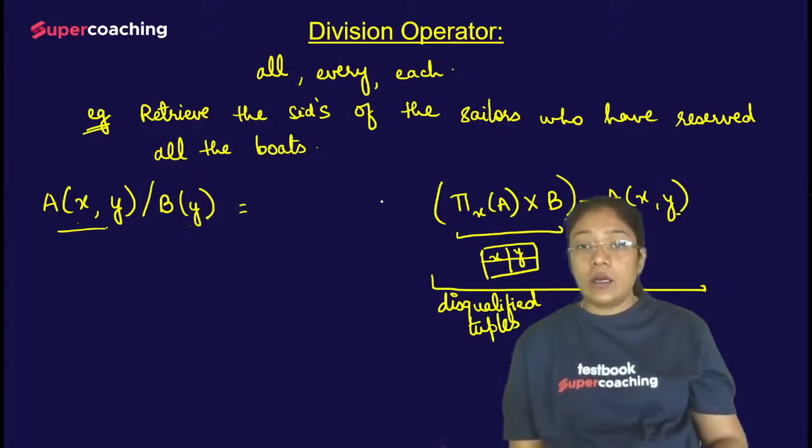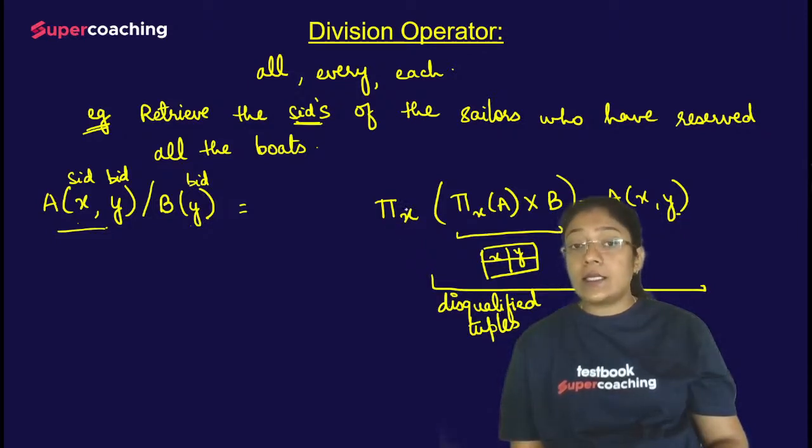So for that, we need just the first operator. For example, I want the SIDs, right? So here we have the SID and the boat ID. Consider X and Y as the SID and the boat ID. I just want to retrieve the SID. Projecting the SID returns which sailors have not reserved some boats, so it returns the SIDs of sailors who have not reserved all the boats.